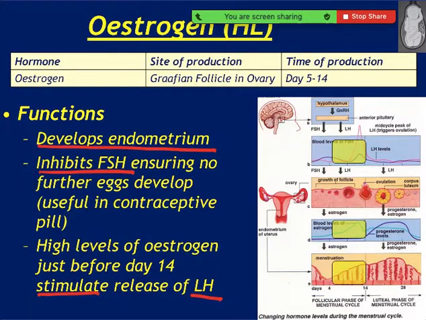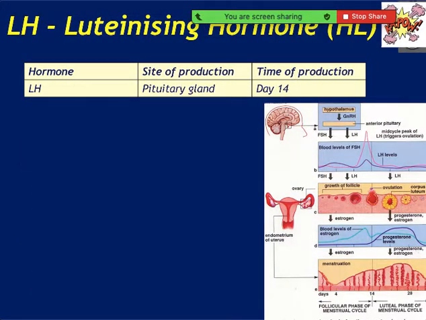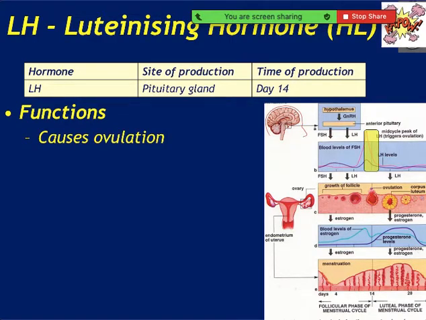Okay, so then the next hormone is the LH. Like FSH, it is made in the pituitary gland, and at day 14. So what's the big thing that happens at day 14? The egg is released. So that is the reason why the production of LH will bring about ovulation.